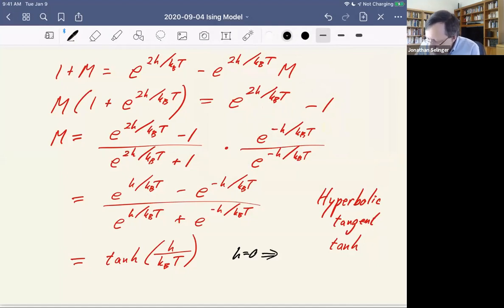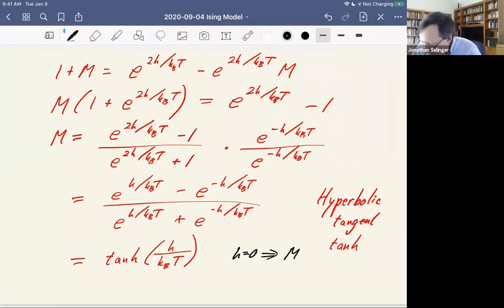Okay. Well, if we have h equals 0, then the numerator here is e to the 0 minus e to the 0. That's 0. The denominator is e to the 0 plus e to the 0. That's 2. So it's 0 over 2, right? So the function is 0 there.